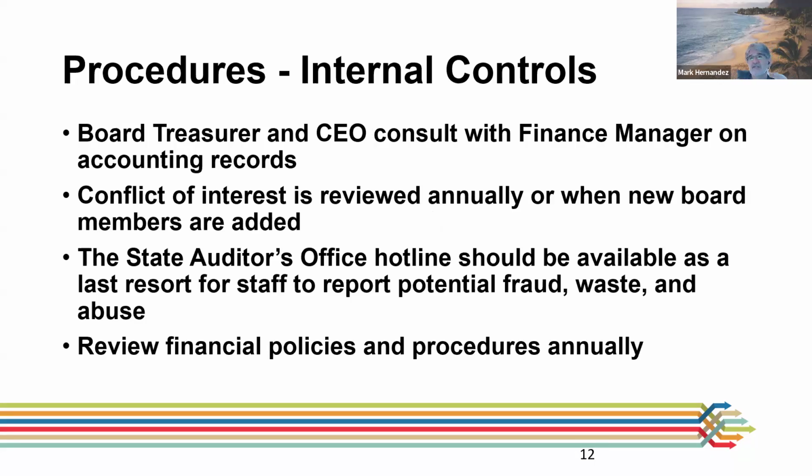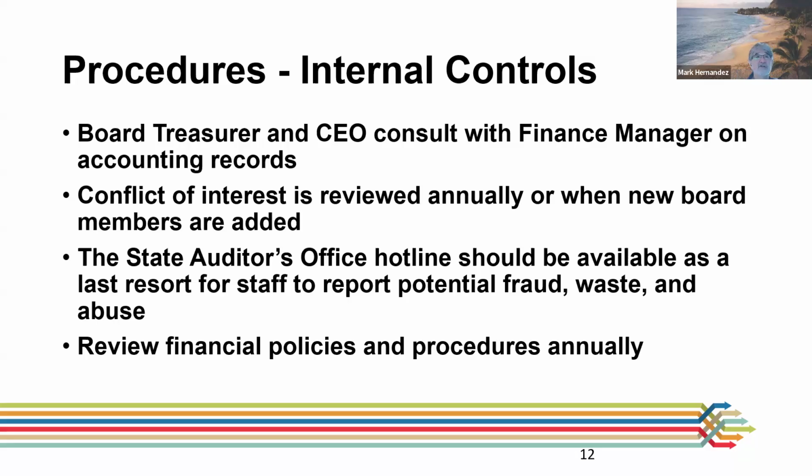Conflict of interest is there and you should use it, but if your organization's going very well and you're in compliance, you shouldn't have that big issue about conflict of interest. I'll give you an example where it doesn't.